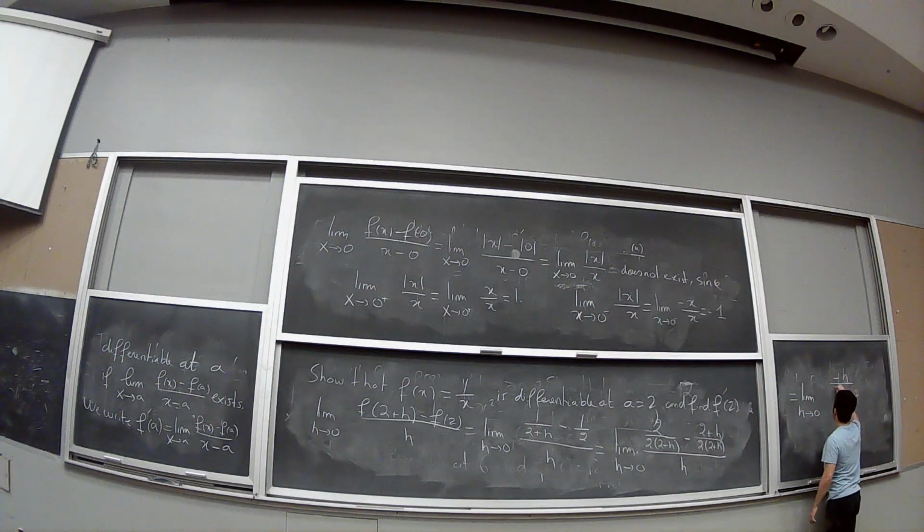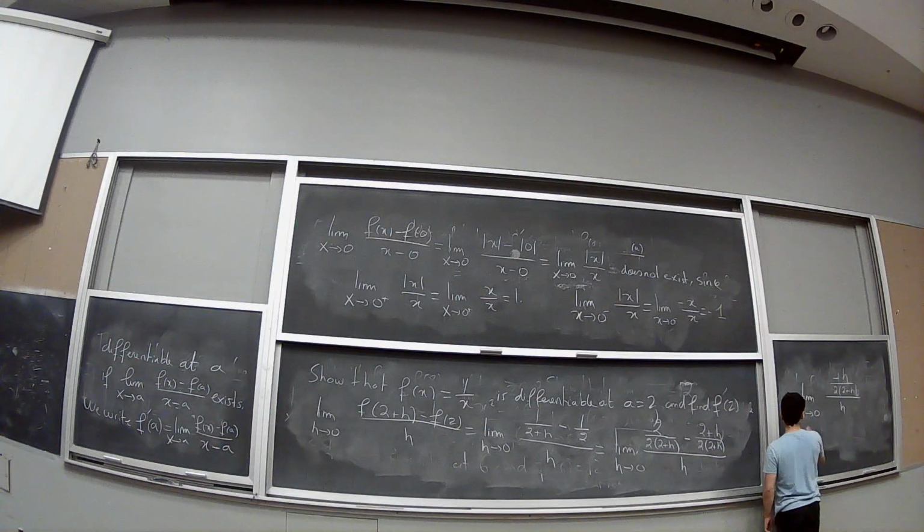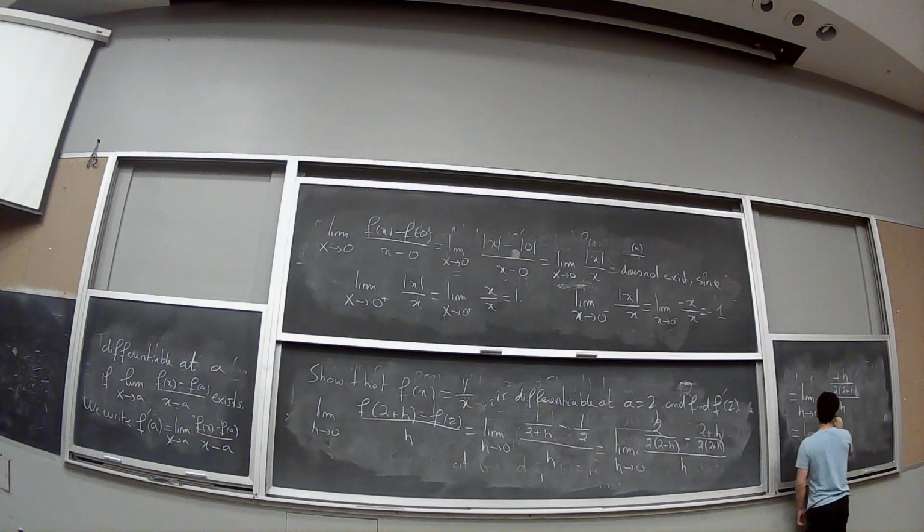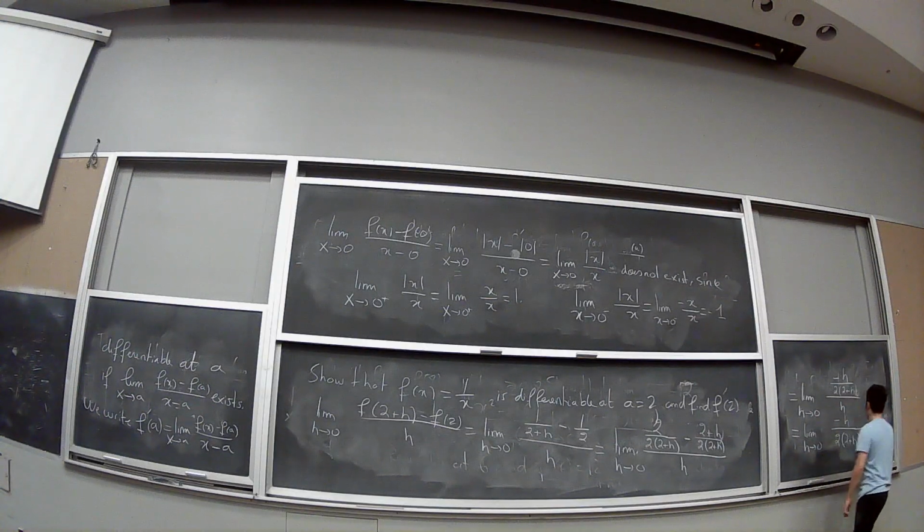Minus h over 2 times 2 plus h, divided by h. This is equal to the limit as h goes to 0, let me write it in a nice way, over h. I still have my 0 over 0. I didn't do anything yet.